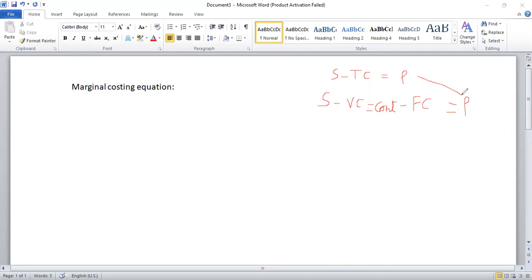So, first, what we are going to look into is, first write what is the equation of marginal costing. It says that sales minus variable cost is called as contribution. From the contribution, fixed cost is deducted and the resultant figure is called as profit.